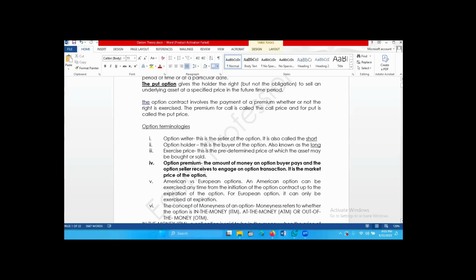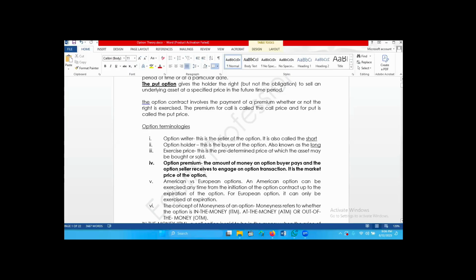These are option contracts that can be exercised at any time from the commencement of the option contracts up to the maturity of the option contracts. That is American option contracts.